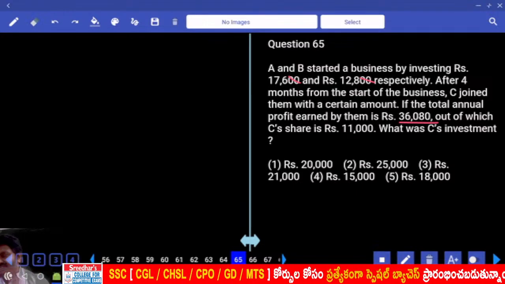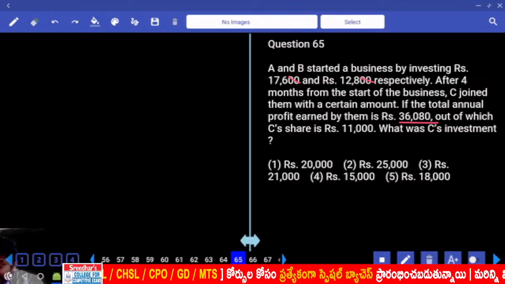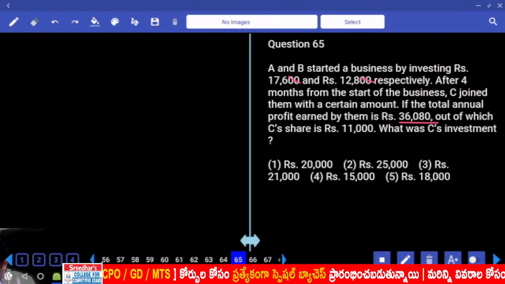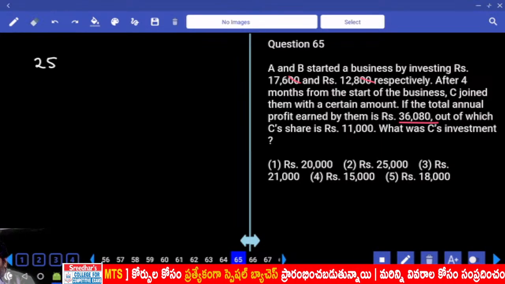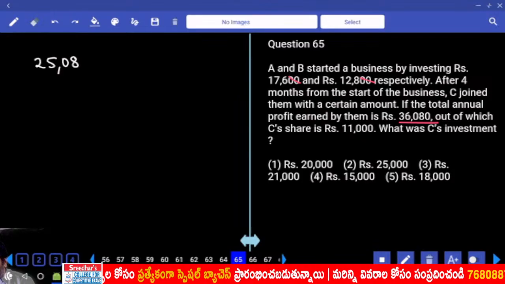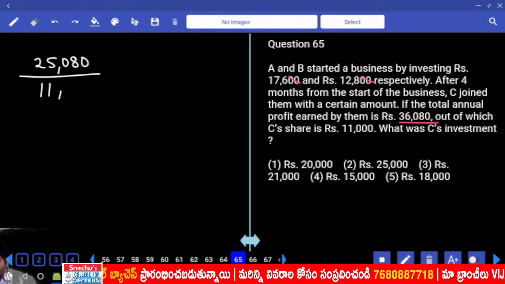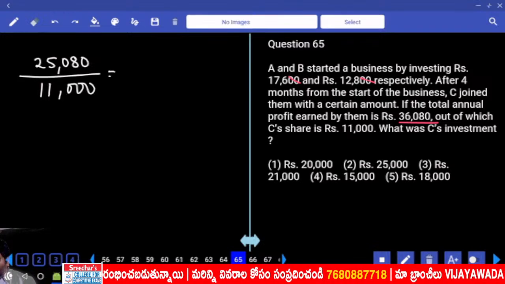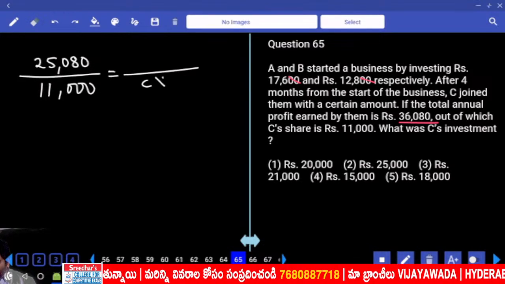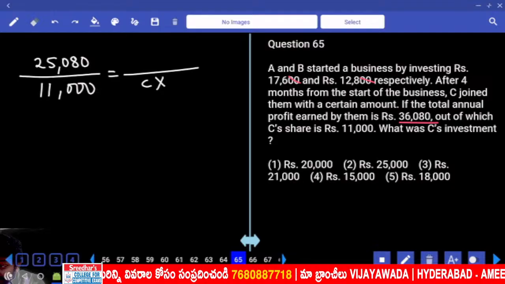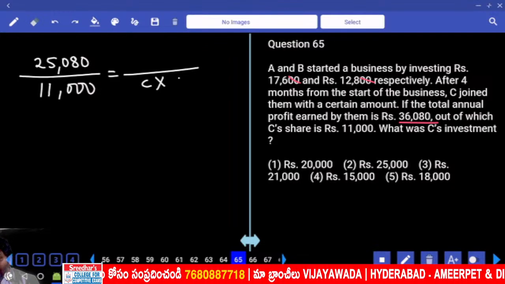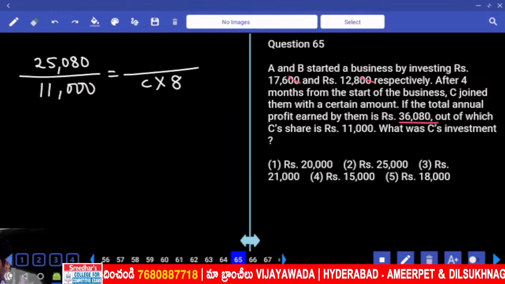Out of 36,080 rupees, if C alone gets 11,000, remaining 25,080 rupees goes to A and B. 11,000 goes to C. Assume C invested C number of rupees. When did C join? That means he will be there for 8 months only.